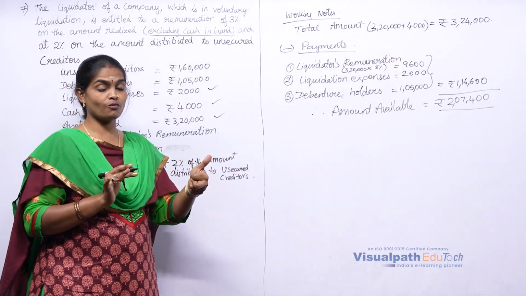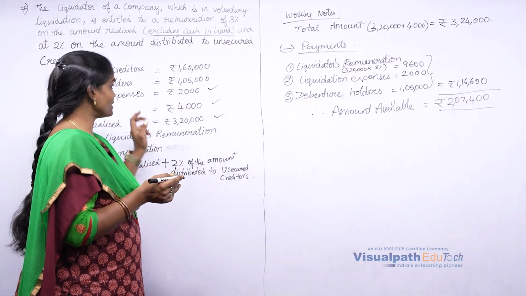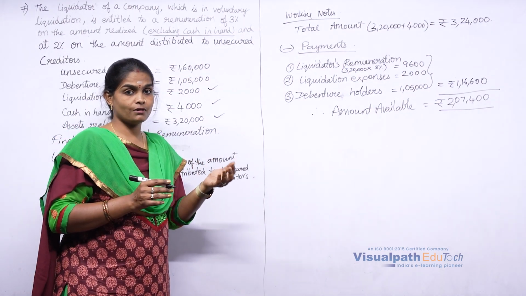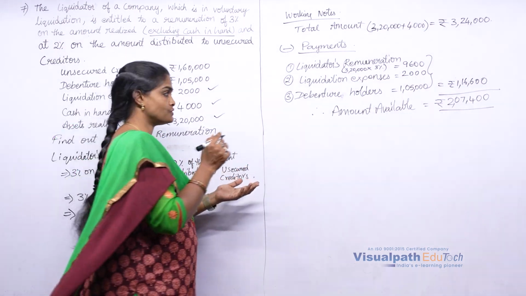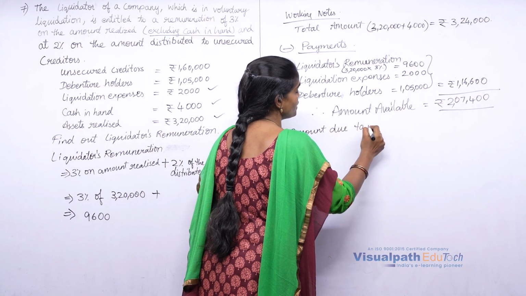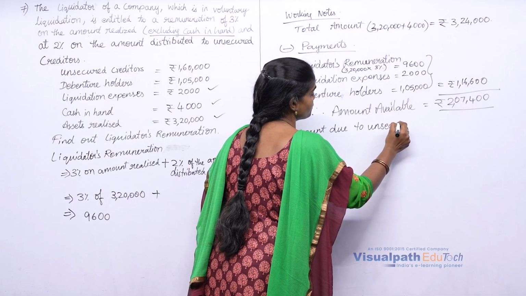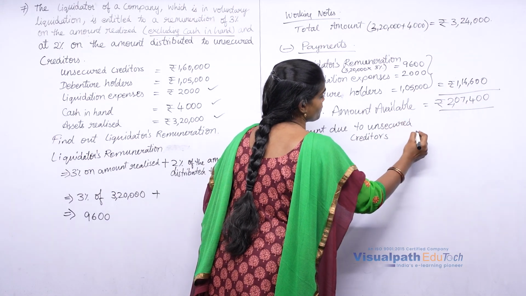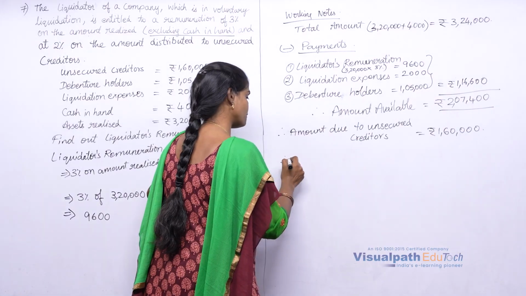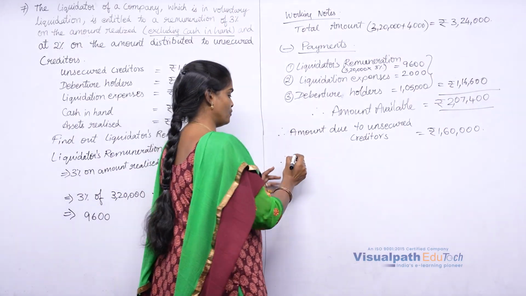Now, how much are we due to unsecured creditors? It is 1,60,000. We have 2 lakhs. So, we can pay, right? Therefore, the amount due to unsecured creditors is rupees 1,60,000. Therefore, the company is solvent.